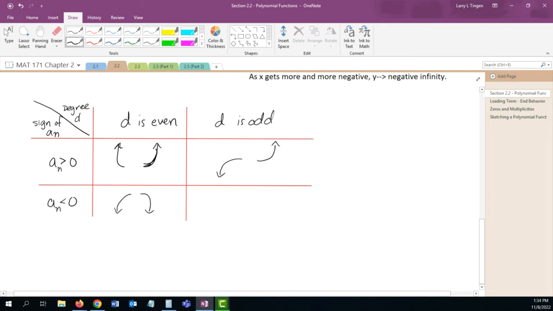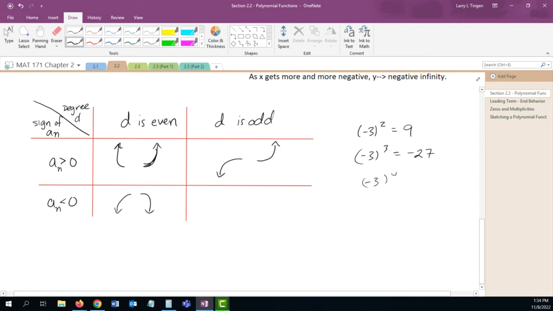Why does it do that? Because when you take a negative number and raise it to an odd power, the result is still negative. Negative 3 squared is 9. Negative 3 cubed is negative 27.